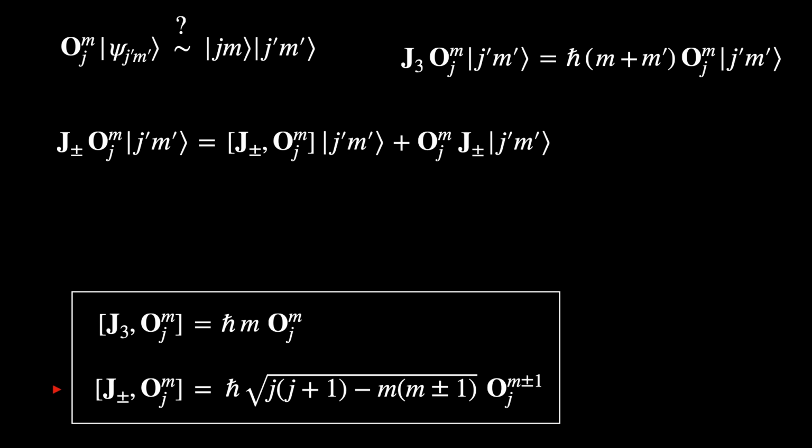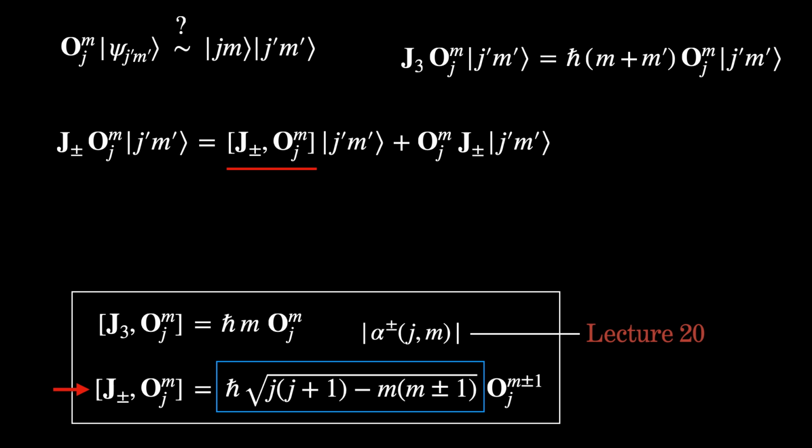We can now use the second commutation relation. Let's use the notation we have used back in lecture 20 for this numerical factor, which is basically just a normalization factor after raising or lowering with the angular momentum ladder operators.